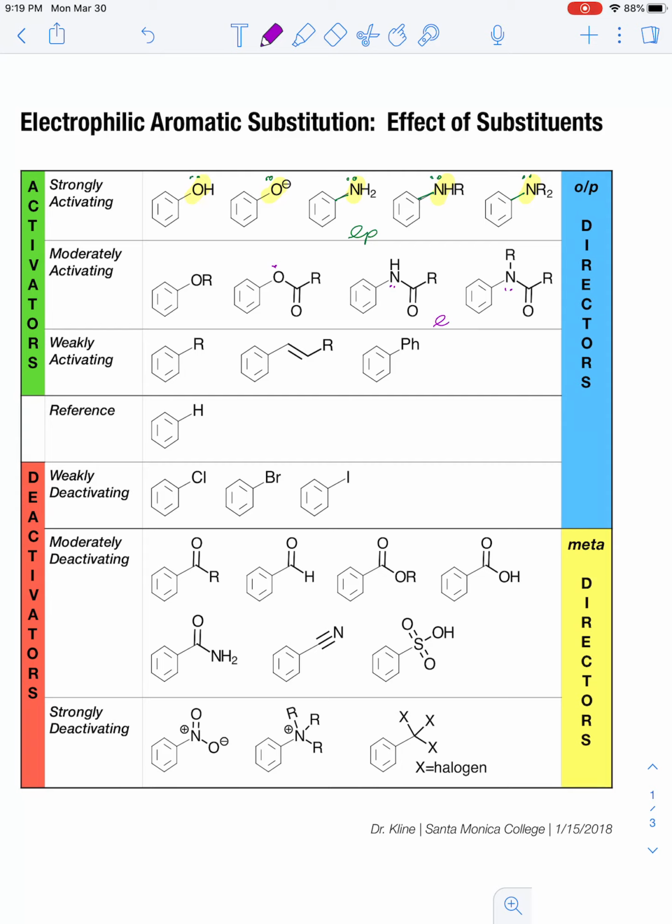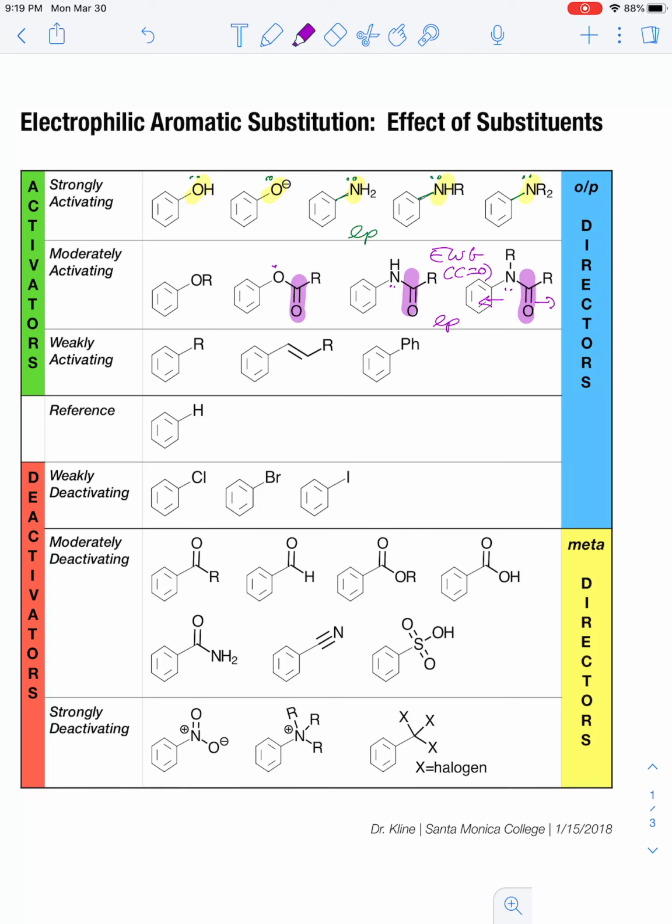Again, we have lone pairs directly on the atom that's attached to the ring, but now in each one of these cases, except for the ether, there is an electron withdrawing group, the carbonyl, and so what happens is that the lone pair is trying to donate electrons towards the ring at the same time that the carbonyl is pulling them away.